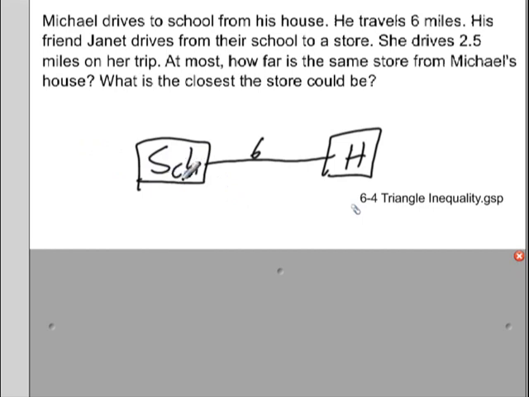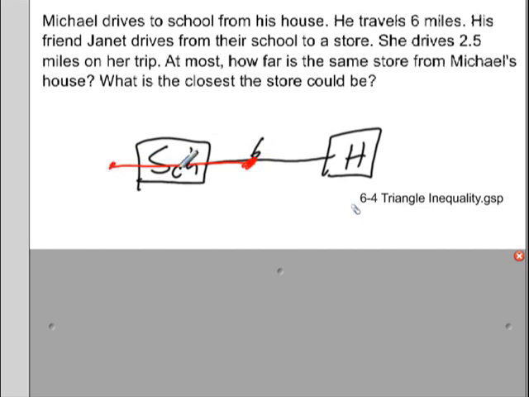So if we're wondering how far the store is from Michael's house, and what's the closest it could be, well, the closest it could be to his house would be if she had driven along that same route, so it had been right here. And then the furthest it could be would be if she'd gone the other direction, this way.